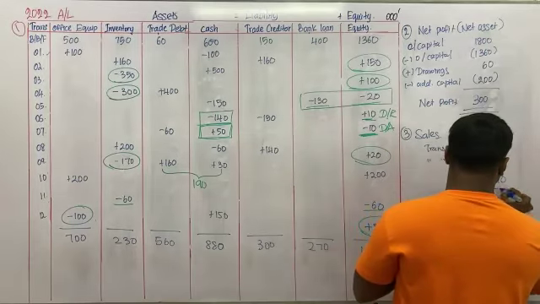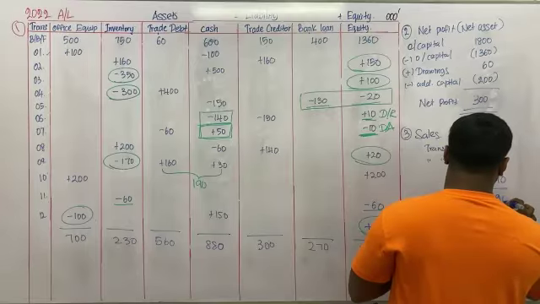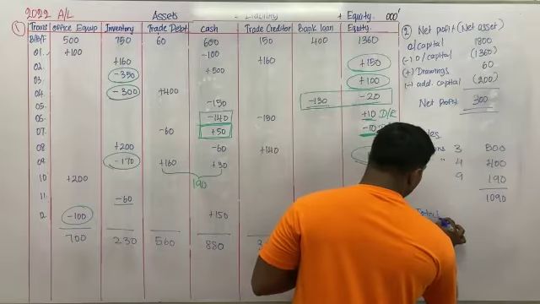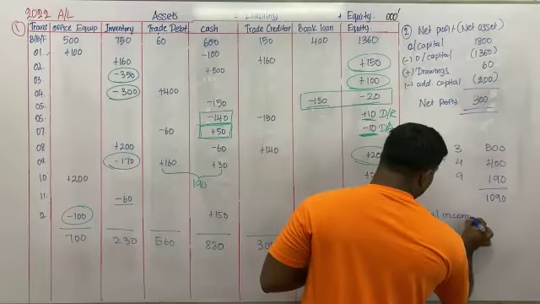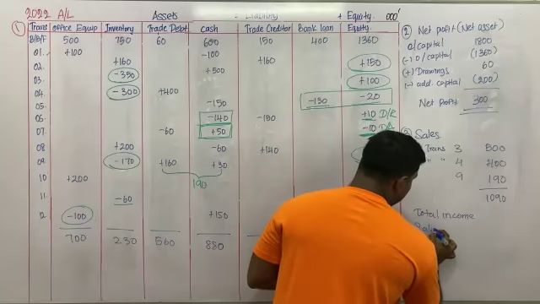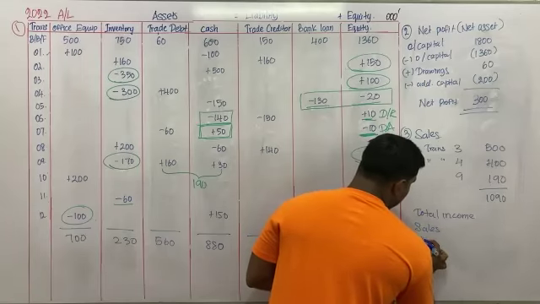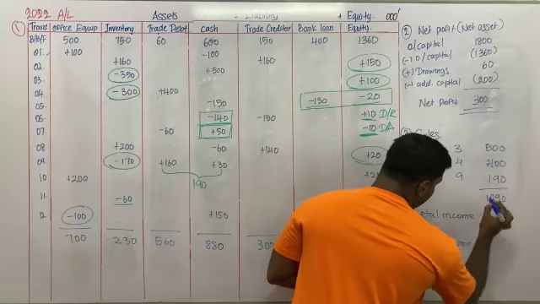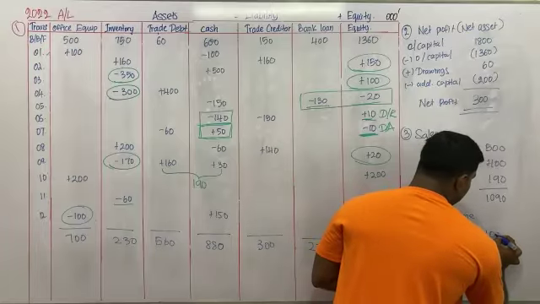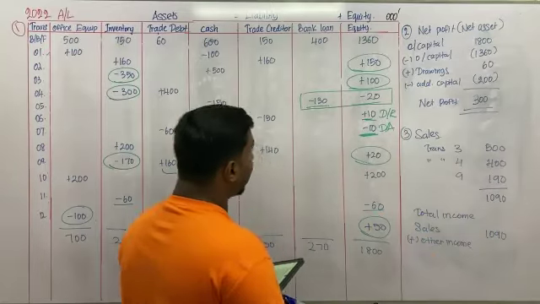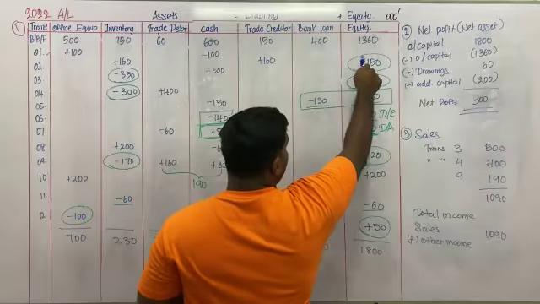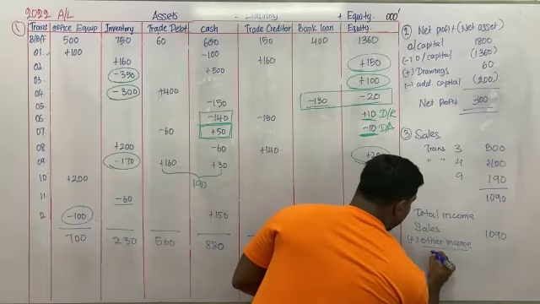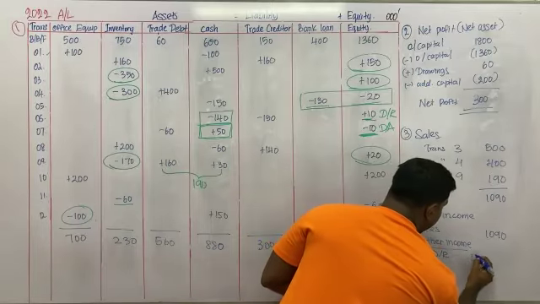So how much? 1090. And how to calculate the total income? Total income is sales plus other income. Sales income is 1090. What is our other income? The plus values other than the sales. 10 discounts received. Discounts received 10.